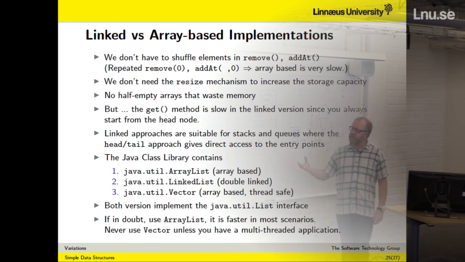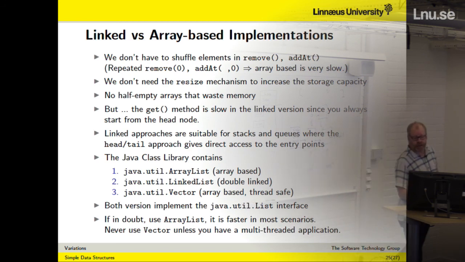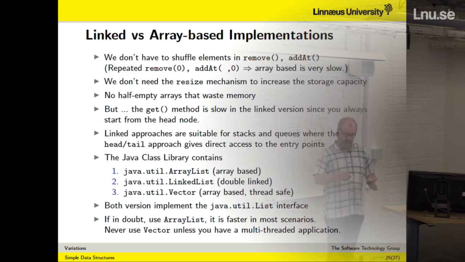If you're using different threads in your program, that means they are executed at the same time. It might be problematic if both threads are trying to access the array at the same time. They might collide with each other, these operations. So a thing that is thread safe makes sure that only one thread at a time can access the list. So when one thread starts an operation on the list, it puts a lock on it, preventing all the other threads from accessing it.